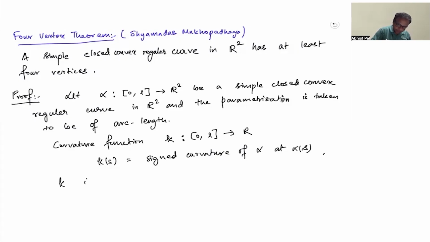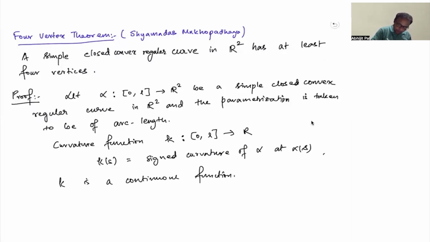So k is a continuous function. Therefore, it attains its maximum and minimum value.